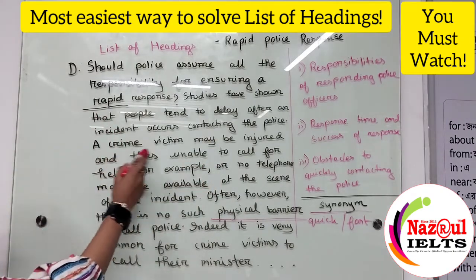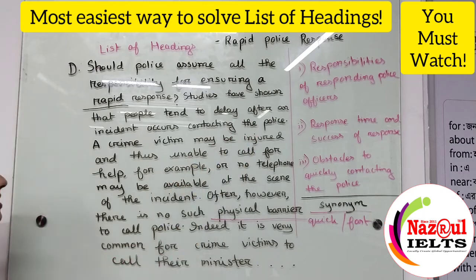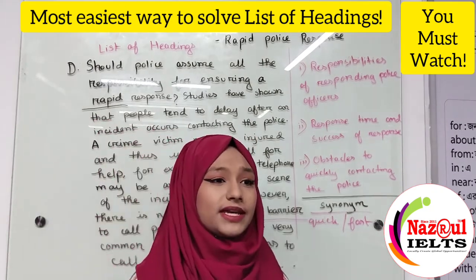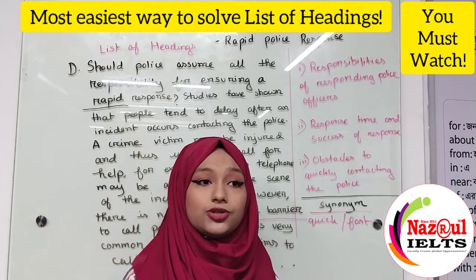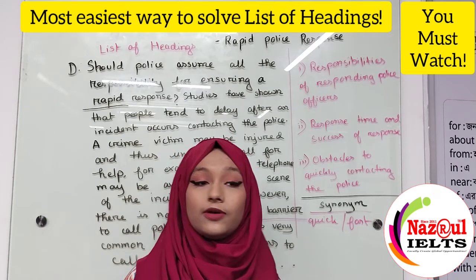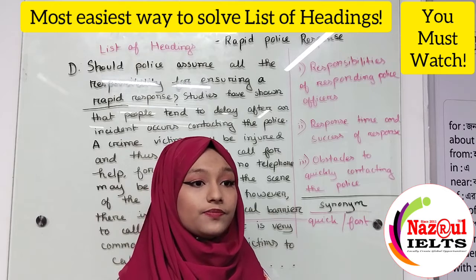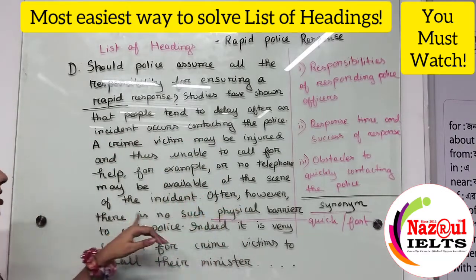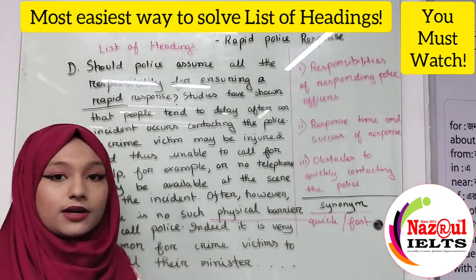Then what is it saying? A crime victim may be injured. Now they're talking about why the response time can be delayed. The crime victims can be injured. Maybe they don't have a telephone near them. And what's the next line saying? It's saying, often there is no such physical barrier.